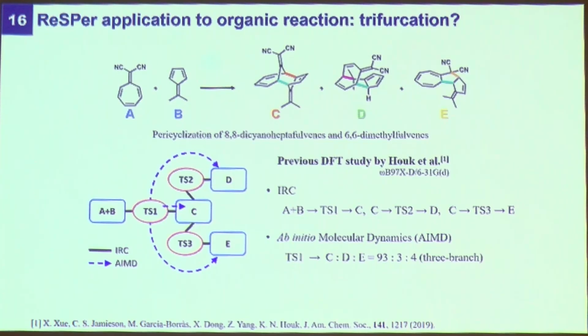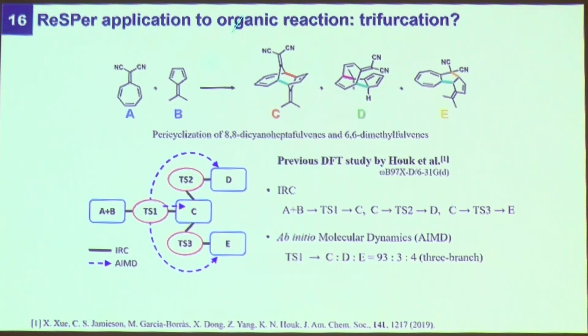So the second case: actually, Professor Surihari discussed the Hawk case, and Hawk provides many interesting chemical reactions. In this case, this is also a pericyclization reaction, and A and B react, and there are three parts, and 2 of 3 are bonded.